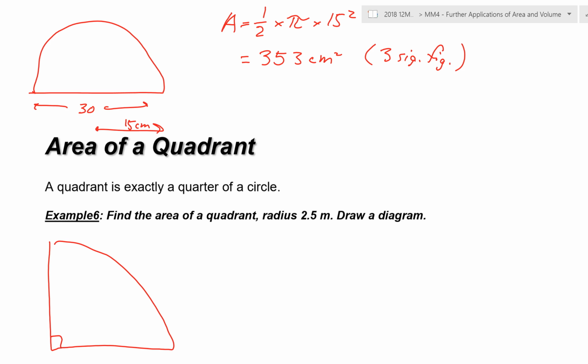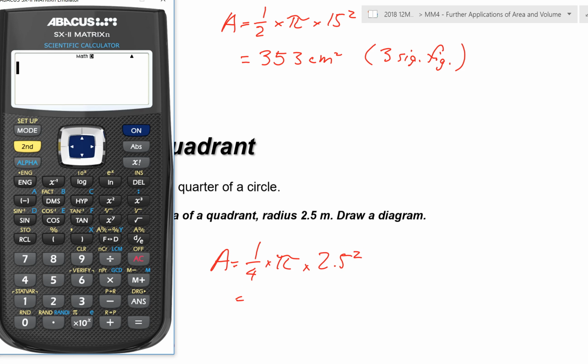Now, radius is 2.5 meters. So my area is a quarter times pi times 2.5 squared. Trusty calculator. Again, I'm going to do the 2.5 squared bit first. 2.5 squared equals, times pi equals, divided by 4 equals 4.9.